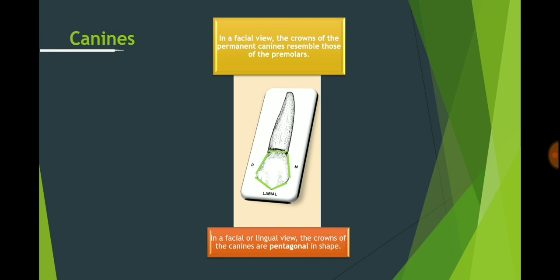Also, in the facial or lingual view, the crowns of the canines are pentagonal in shape. As you can see in the green outline there, that's a pentagon, a five-sided polygon.